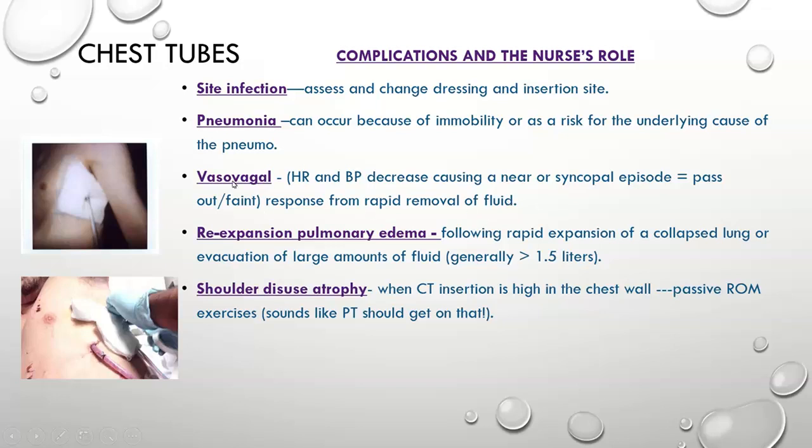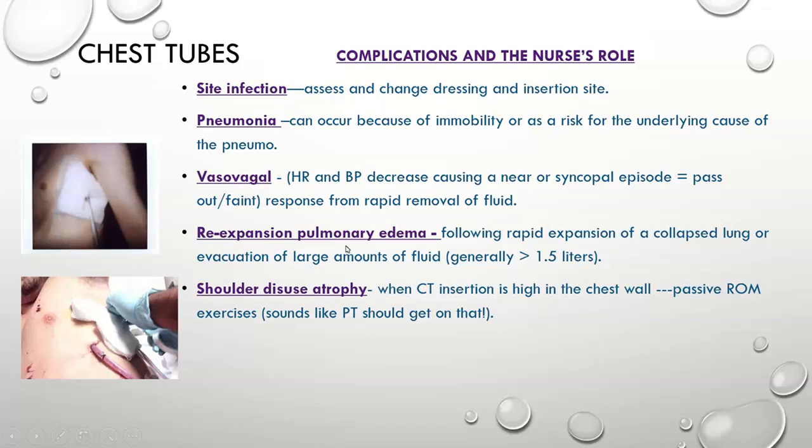Vasovagal can really happen to a lot of people, especially when they're in pain. But that's what you're going to see, heart rate and blood pressure decrease. The reason why the nerve is called the vagal nerve is because it wanders all over. So it's found in a bunch of different places, which means it can be activated in a bunch of different ways.